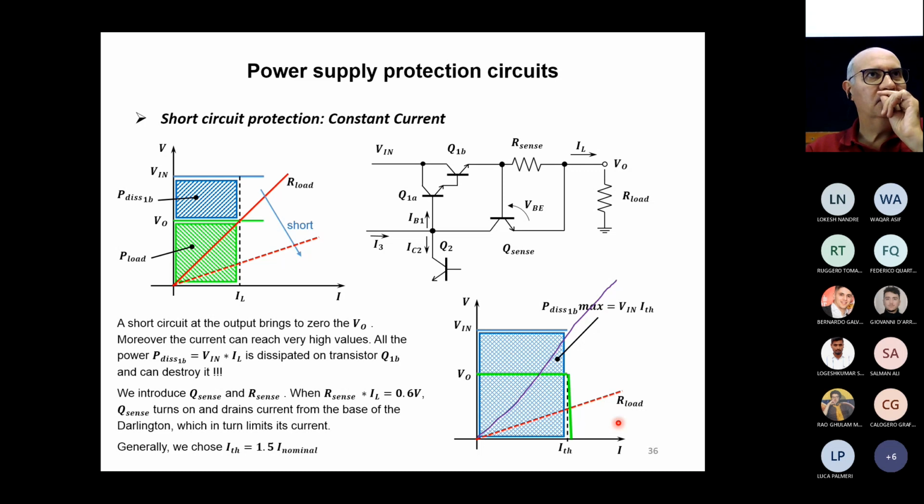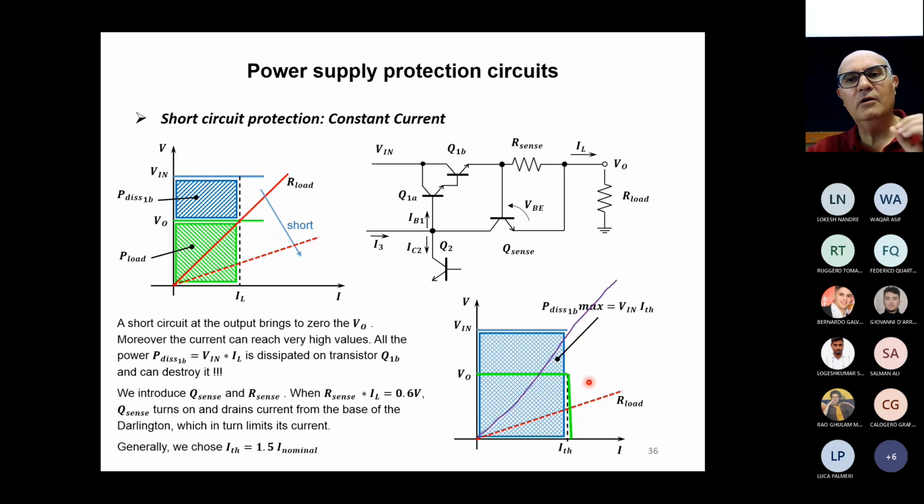If you want, at the same price, we have also gained a different way of using a power supply. Because if we can regulate the threshold current, we can decide to use this circuit not only as a constant voltage power supply, but also as a constant current power supply.